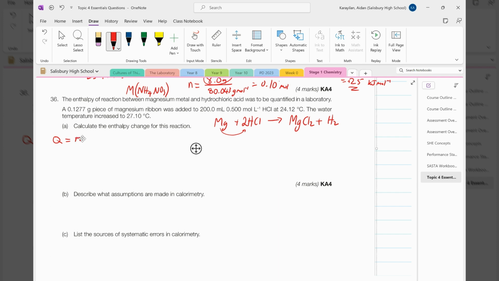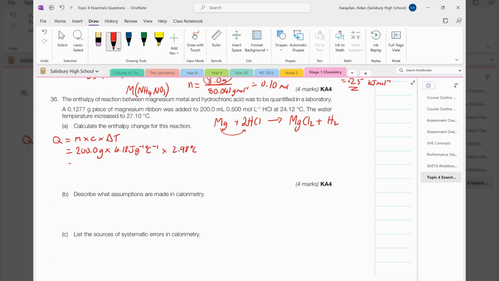So mass times C times delta T is equal to the mass of the water, 200 mils, so 200.0 grams, times our C, which is 4.18 joules per gram per degree C, times our delta T, which is an increase from 24.12 to 27.10. Now, if it was 24.10 to 27.10, it would be 3 degrees. Now it's 0.02 less, so 2.98 degrees C is our change.